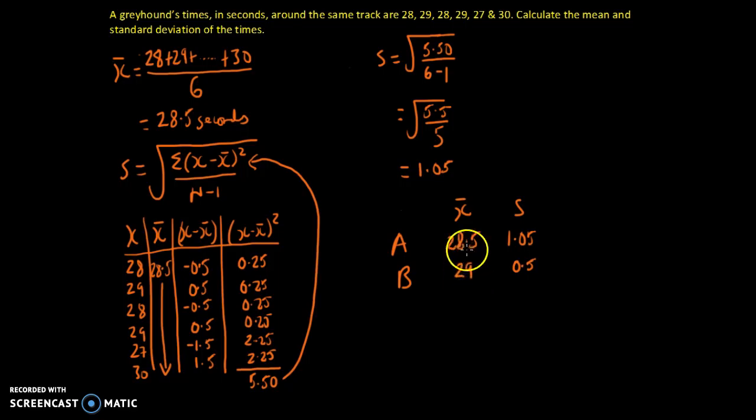Well, you still might say Greyhound A, because it's got a faster mean time, but it's far more spread out. Far more spread out, so it might place some doubt in your mind.